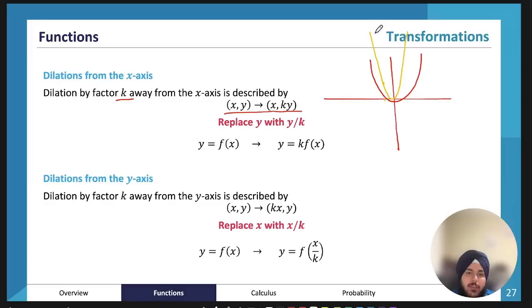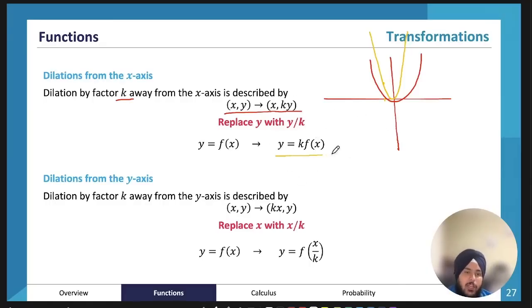But it's the y values that change. That's why we do ky, because k is what the y values are going to be multiplied by. And if that's the only transformation, you replace y with y over k in your actual equation, and then rearrange to solve for y, and you'll get your new equation.